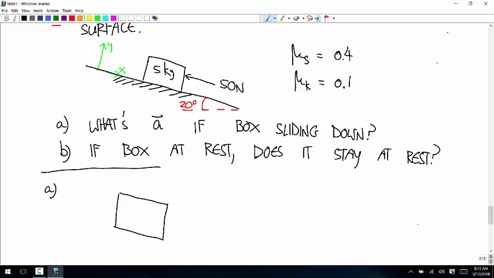In the first case, it's already sliding. No, that's only for static. Right, we know it's sliding down.